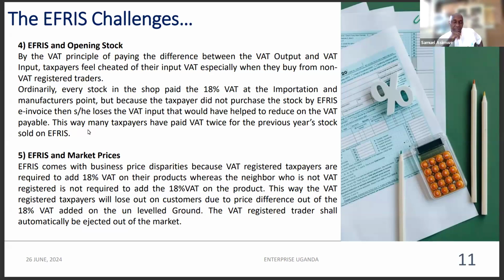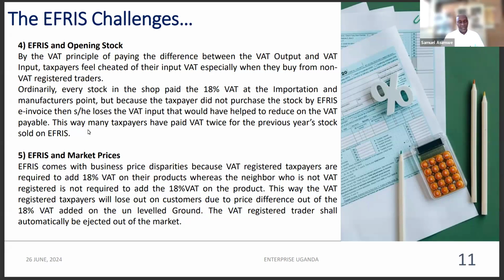VAT starts at the manufacturer's level, when he's rolling out a product into the market, and also at the importation level, when the importer is bringing the items into the country.